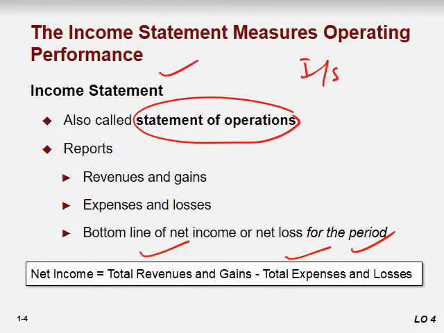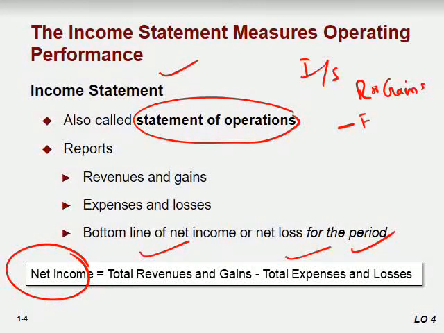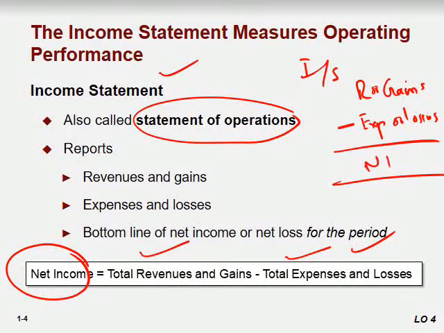The bottom line is the net income or net loss for the period, which means the end result would be net income. So here we report revenues or gains minus expenses or losses. The bottom line would be net income.